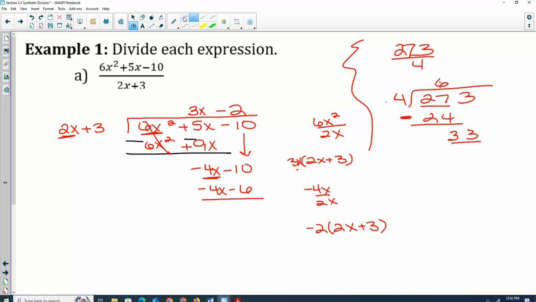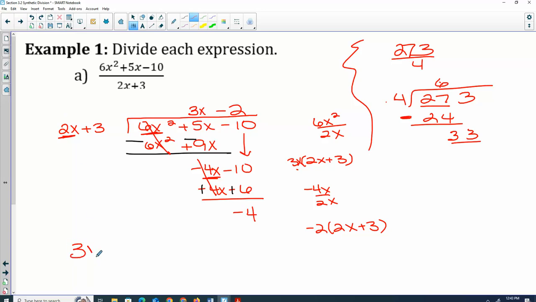And then I need to subtract that off, so what would I do with my signs? Change those signs. Positive and negative 4x cancel. Negative 10 plus 6 is negative 4. Okay, can I do negative 4 divided by 2x? No, so that's our remainder.